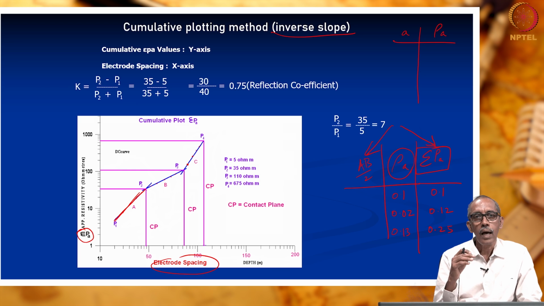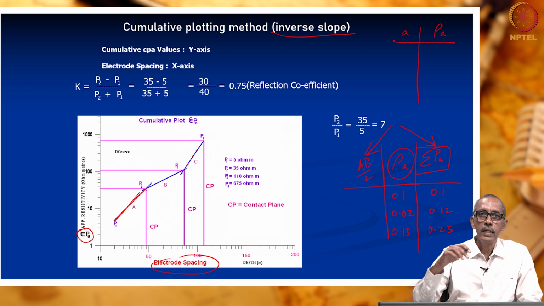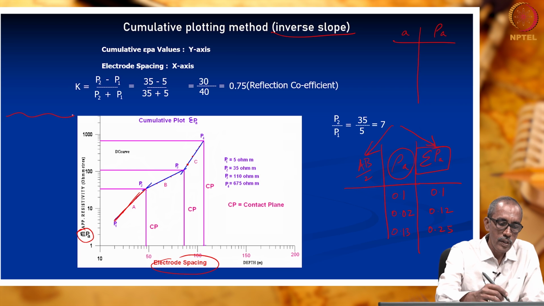Hence, our job of interpreting this diagram is a little bit easier compared to the resistivity curve which we had seen on the previous slide, right. So, here since we have different segments of straight lines, the number of straight lines indicates how many layers are present below the surface of the earth.